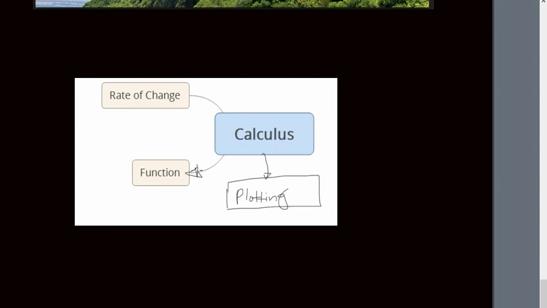So concept of function, concept of rate of change. So function was distance as a function of time. Rate of change is the slope. So higher slope meant faster. And plotting is that we were plotting distance and time.